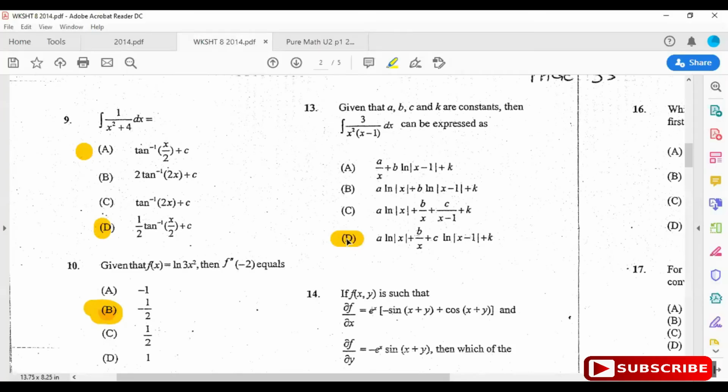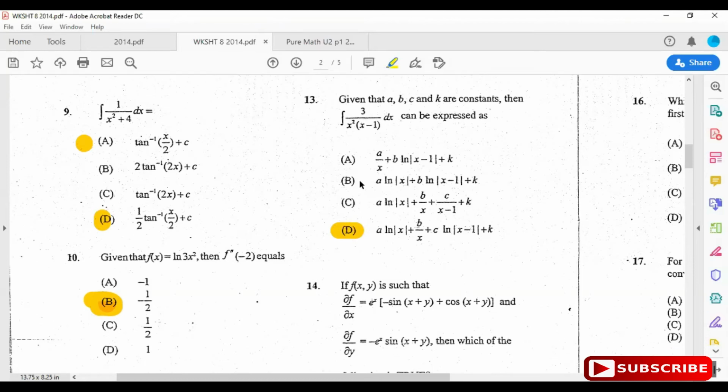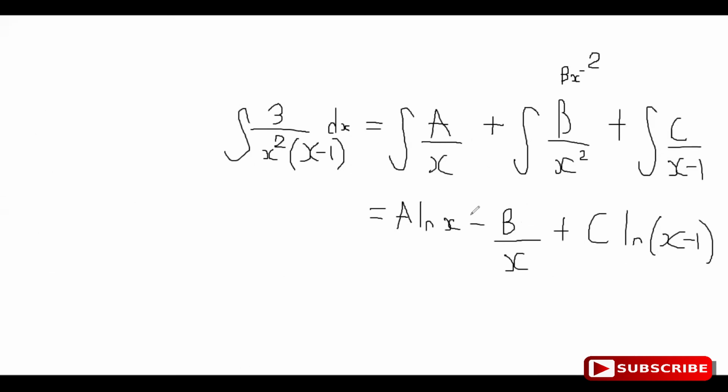This is the answer. I'm saying don't be thrown off because they have plus B, and when we work it out, we have minus b. Don't be thrown off by that fact. The only reason why they can have plus B is because b is a constant. We don't know what that constant is.